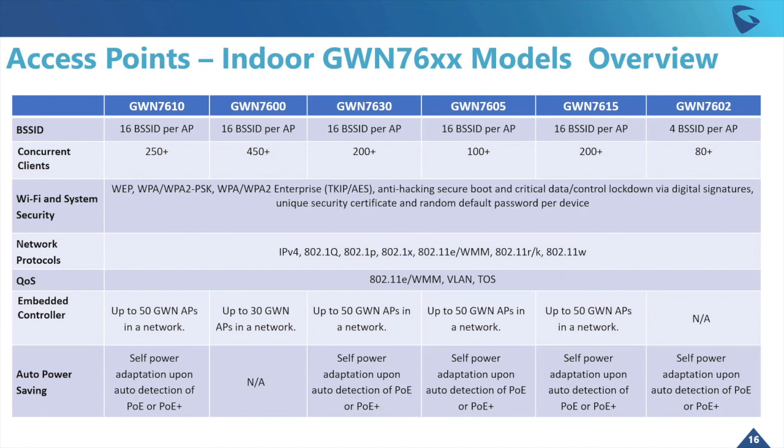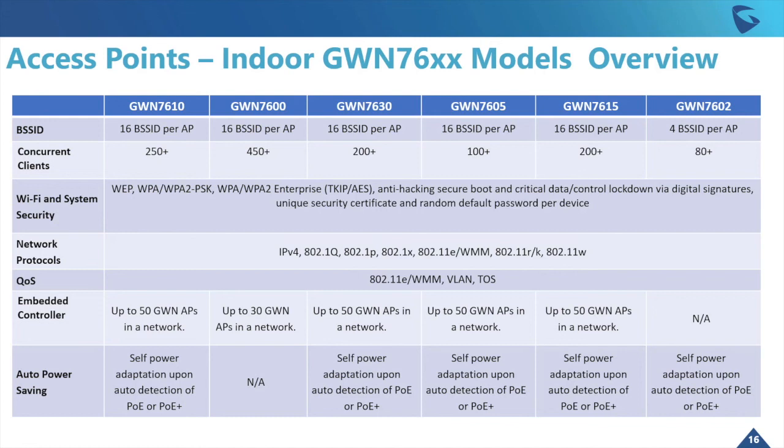For the power, as I mentioned, all the access points have a gigabit PoE port that you can use to power the access points. All the access points support the PoE standard and PoE Plus, and most of them have self-power adaptation upon auto detection of PoE Plus.